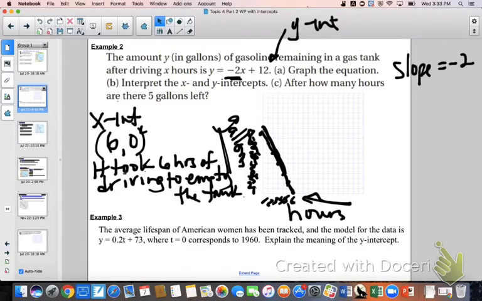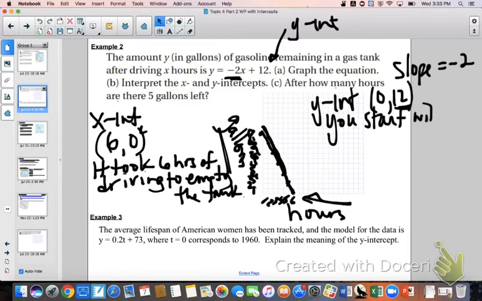And then the y-intercept, we knew that, was the point (0, 12). So x is the number of hours, so after 0 hours of driving, at the beginning, you have 12 gallons. So you start with 12 gallons in the tank.